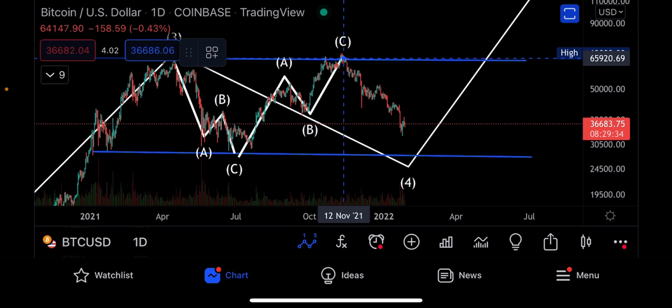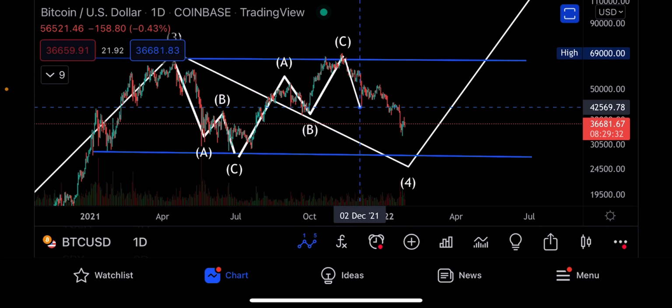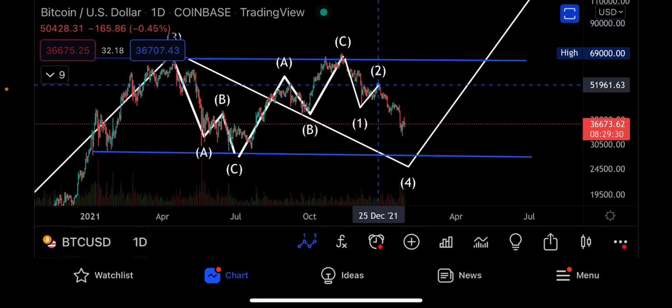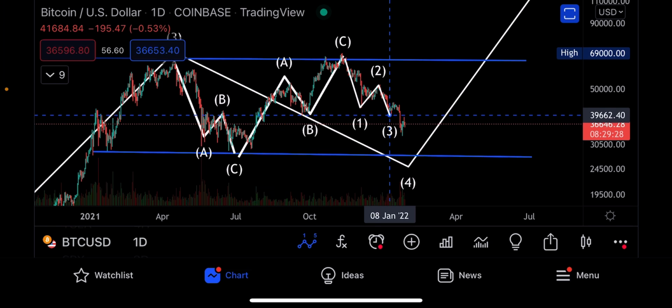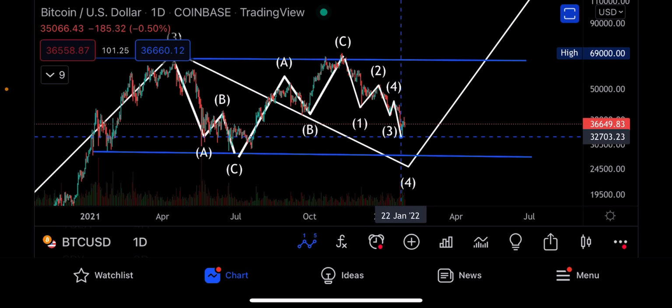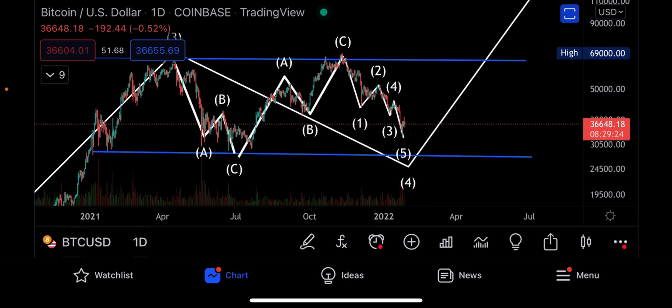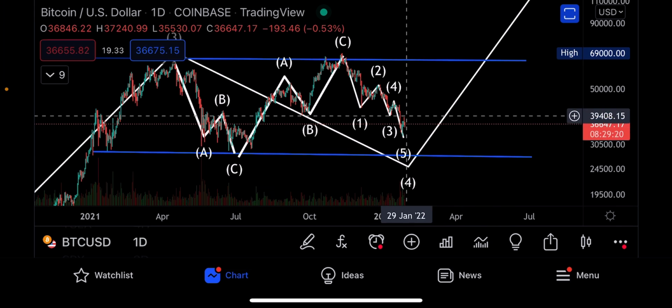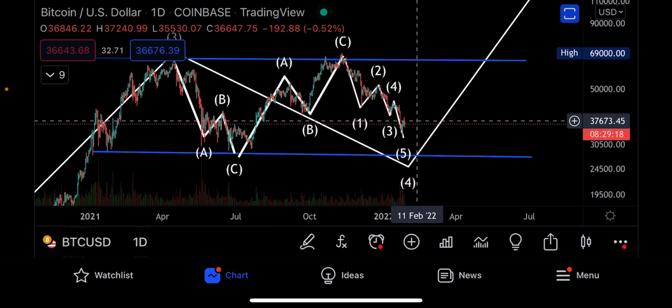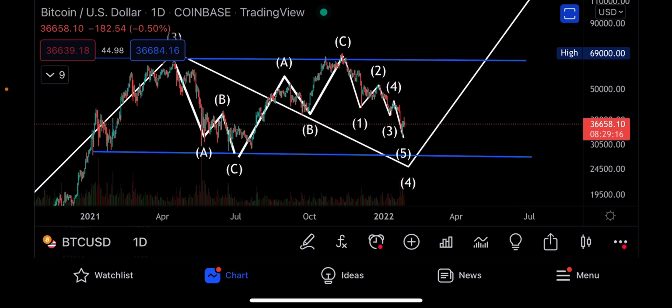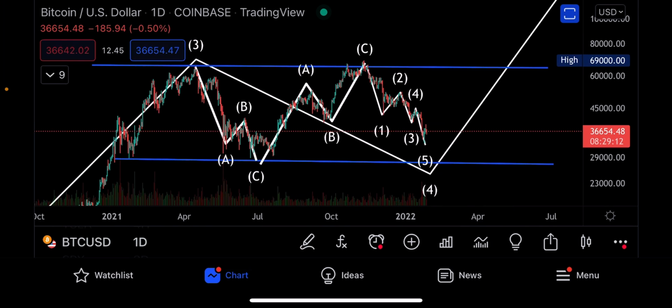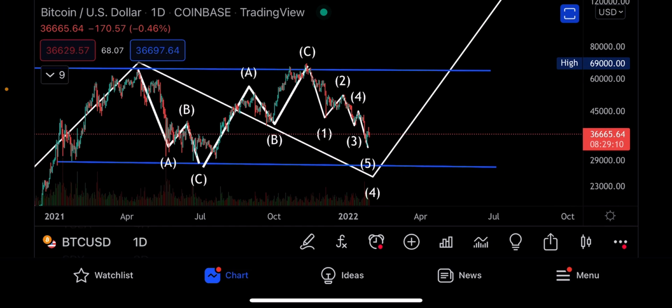So we have a 1, 2, 3, 4, and 5. And that is what I'm hoping for. I think if this bottom doesn't come in, I believe that's an expanded flat. I'm not quite sure. I'll have to go back and look, it's either an expanded or a running flat. So it's one of those two.